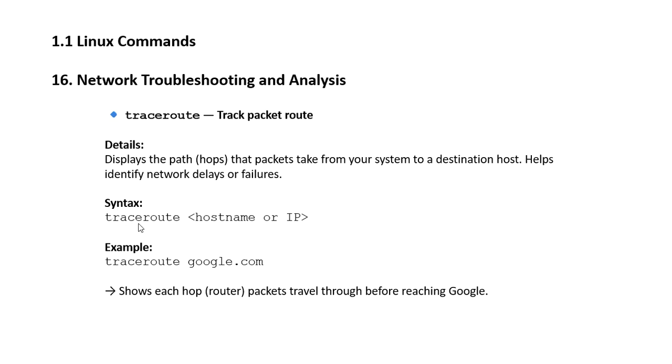The syntax is traceroute and the hostname or IP, and the example is traceroute google.com. It shows each hop, the routers the packet travels through before reaching Google.